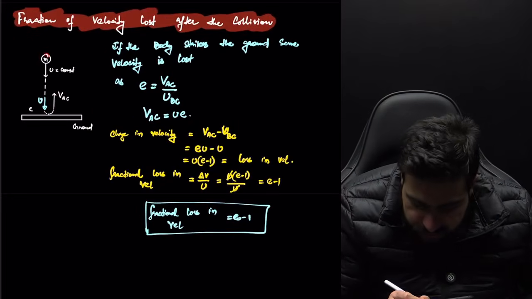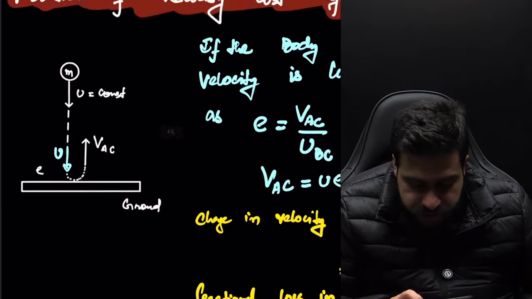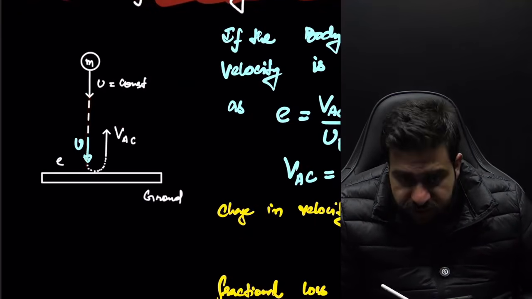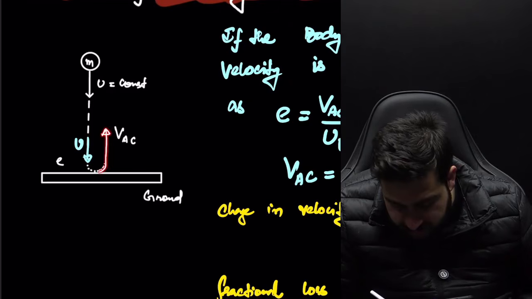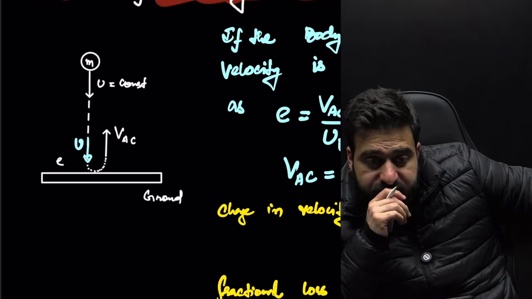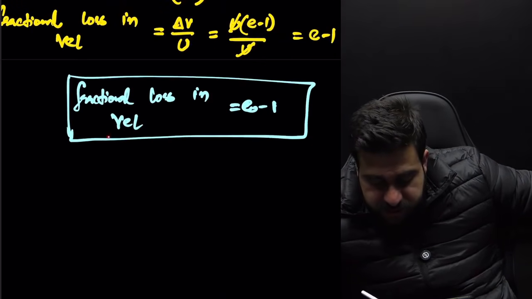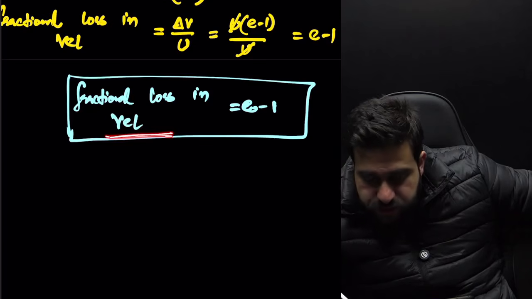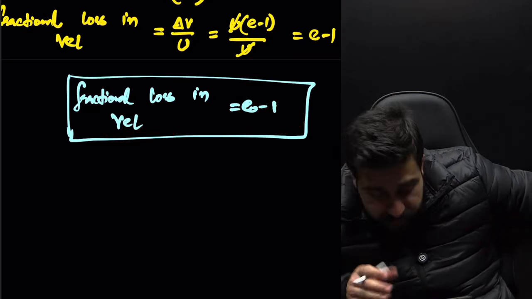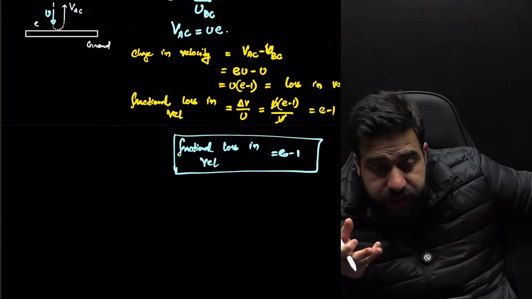So what I want you guys to understand: if an object is released with velocity u, which is constant, and it strikes the ground, afterwards it is reflected back. So it is reflected back, which means velocity is lost in this case.